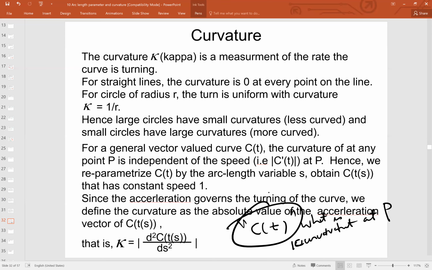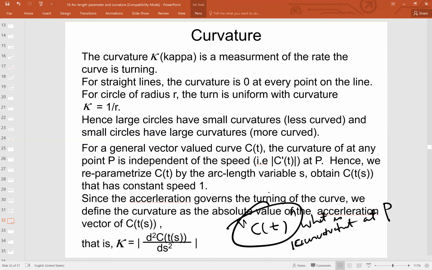You have to find this in terms of s first, then you have to find the second derivative in s. And the difficulty is you cannot find the relation between t and s to really find the formula for s. But is there any way to get around it?